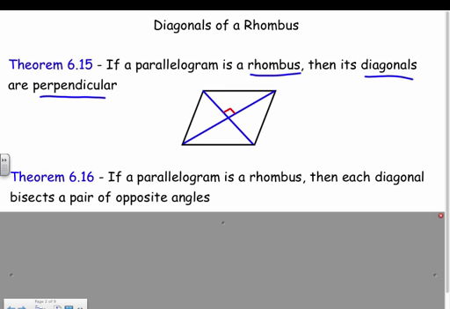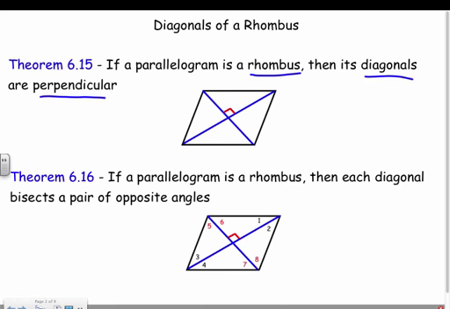Well, next theorem: if I have a rhombus, then each diagonal bisects a pair of opposite angles. So look in here. Each diagonal bisects, that means it cuts it in half. If I look at this diagonal, I know that angle 3 is congruent to angle 4.